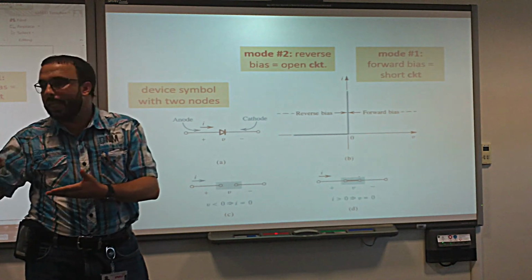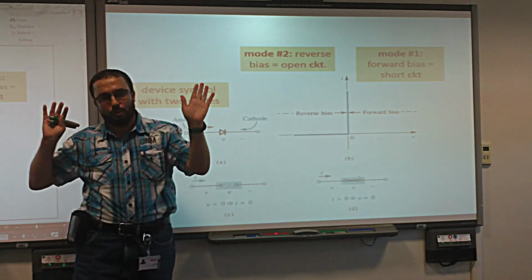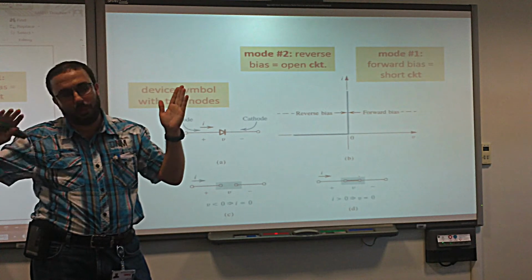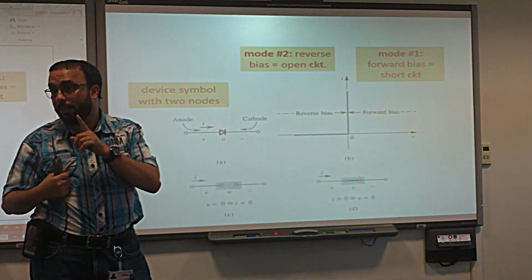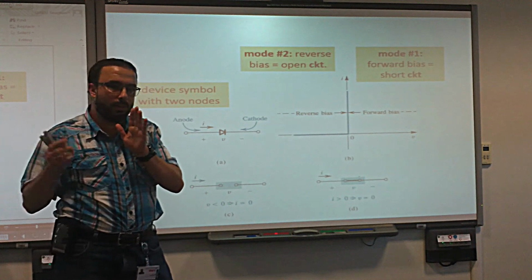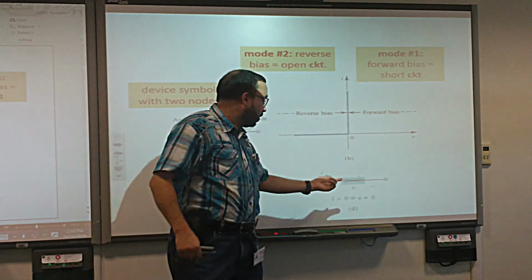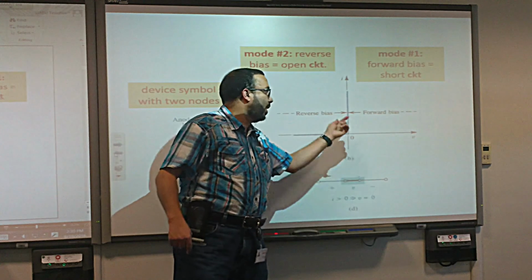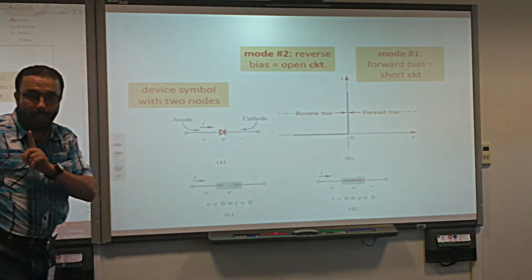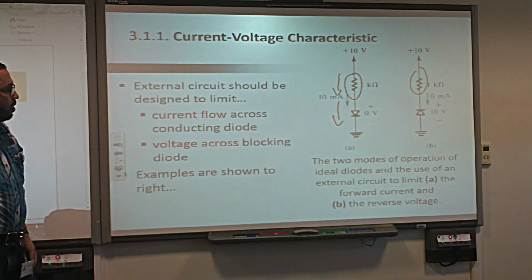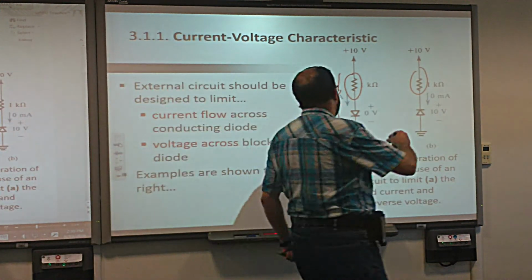In the forward, it passes any current, but in the reverse, it stops. It stops because it's an open circuit. It will not allow any current to pass in the reverse. But forward, everything goes. You put 1 amp, pass 1 amp, because the voltage drop is always 0 across the diode, in the ideal case. Did we understand? Good. So that's why we put here a resistor.